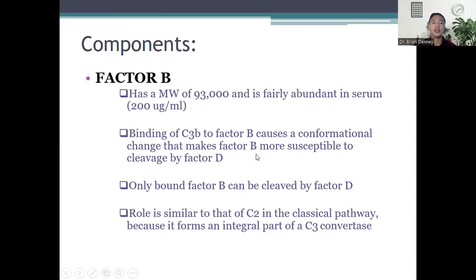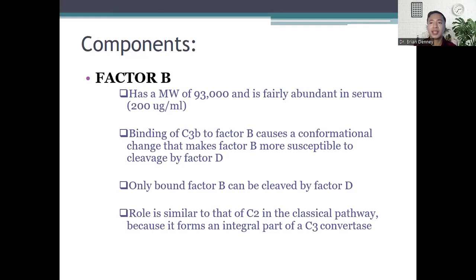So again, take note, C3b plus factor B forms C3b factor B complex. But with addition of your factor D, your factor B becomes susceptible to cleavage. And so, cleavage of your factor B will actually produce two proteins, Bb and Ba.